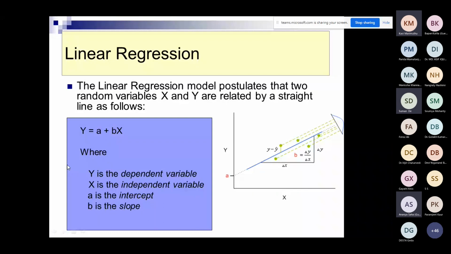Slope means delta y divided by delta x, otherwise we call it b. No need to worry about this graph. In SPSS, the system will give you A and B very straightforwardly, and with that we can easily infer the prediction. I will demonstrate using Excel, and I will also demonstrate using SPSS.